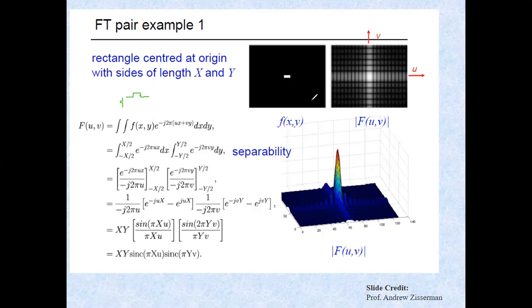Then in the frequency domain, what will happen? You have one sinc corresponding to this. Let me change the color and sketch. Corresponding to this, you will have a sinc with a wider main lobe.